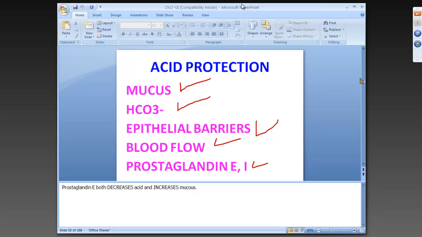So, a good analogy: prostaglandin E both decreases acid and increases mucus. And why is it increasing mucus? Precisely to protect from the acids.